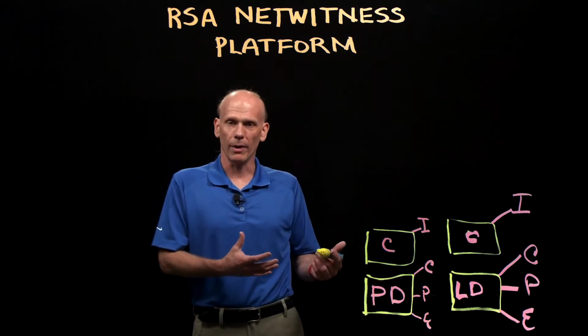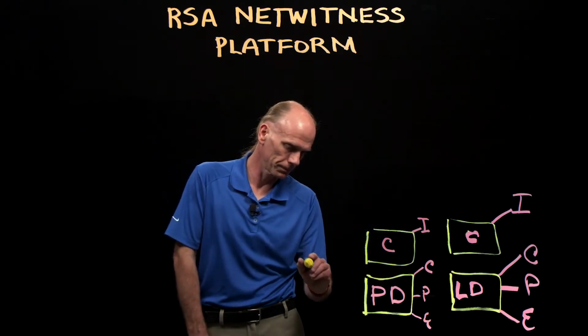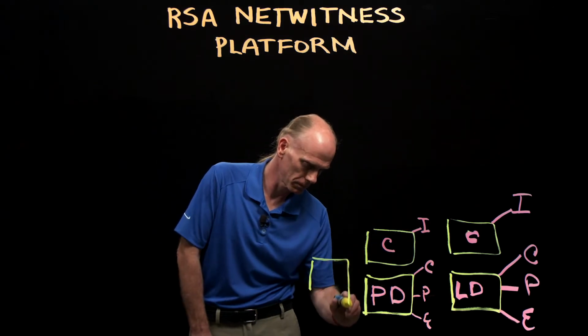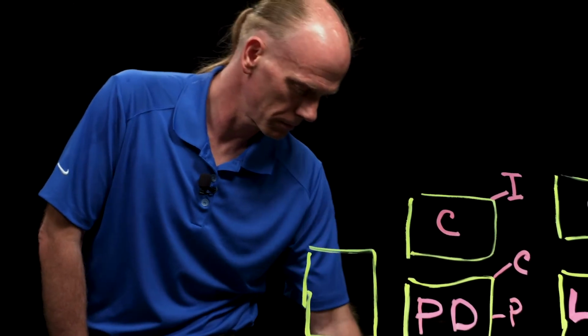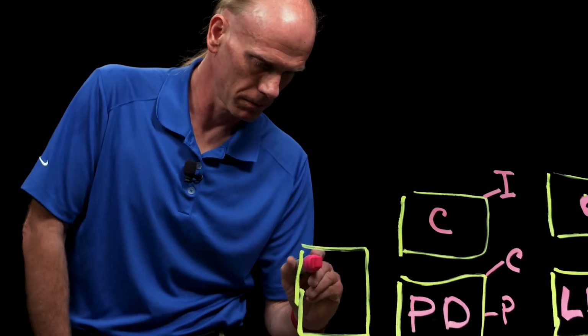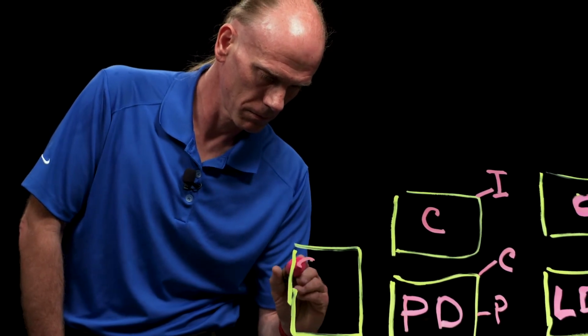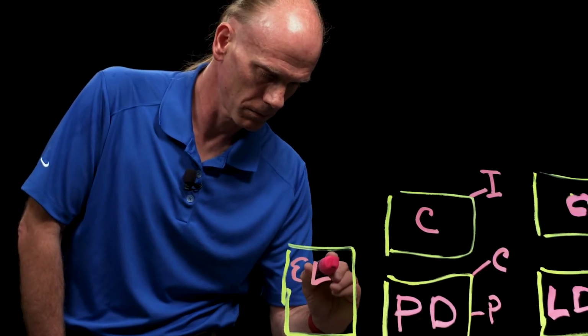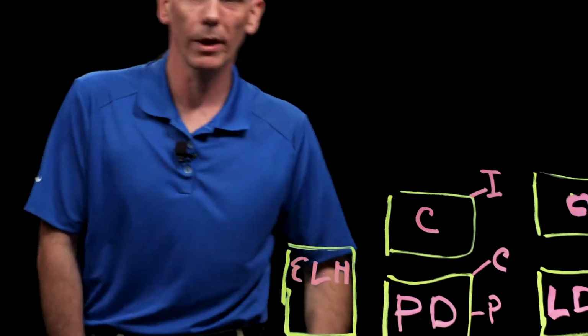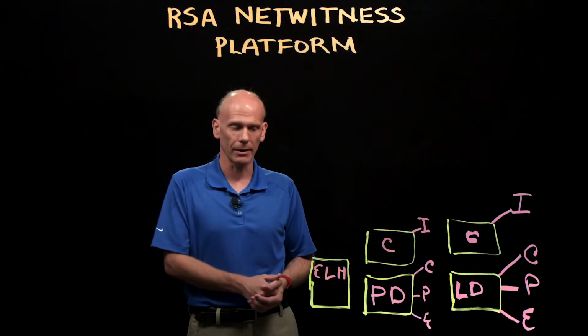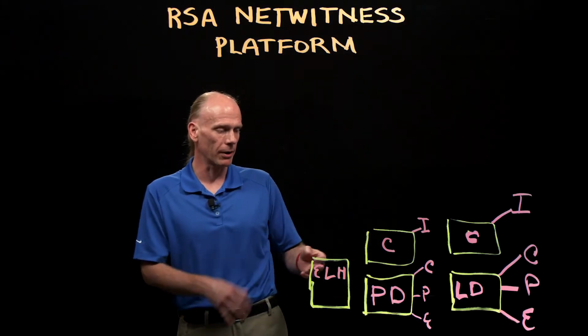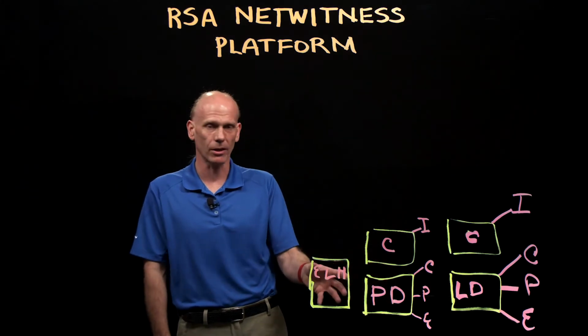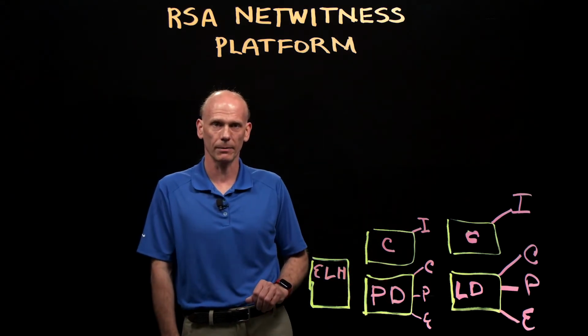If we move on to endpoint, we have what's called an endpoint log hybrid. Now, the endpoint log hybrid has a combination of a decoder and a concentrator within it.